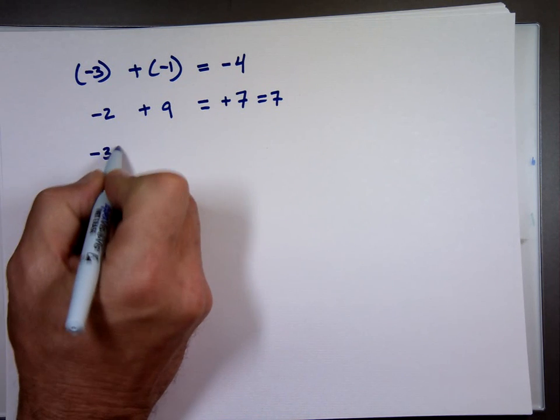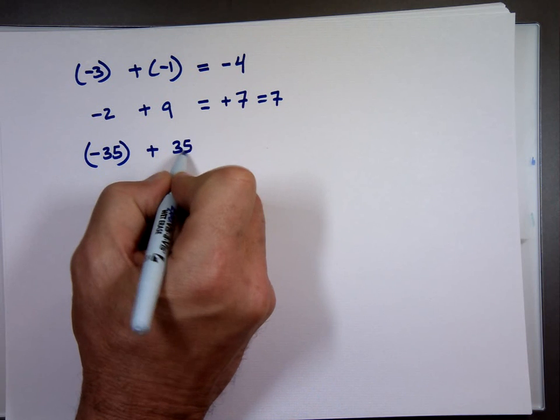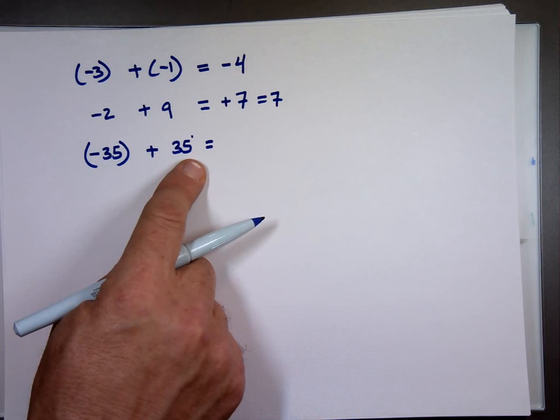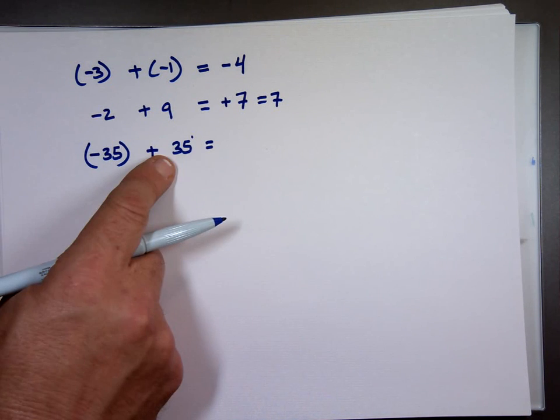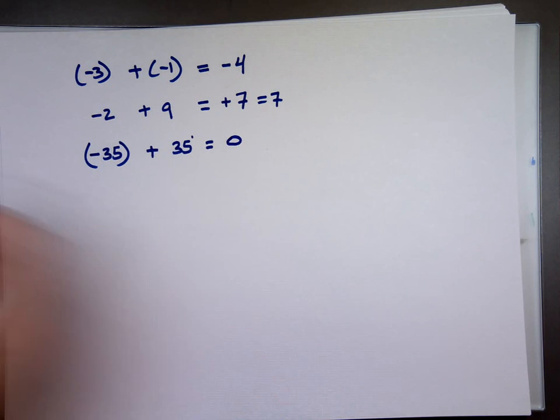Negative 35 plus 35. Well, different signs. Subtract them. Well, 35 from 35? 0. 0 does not have a sign.